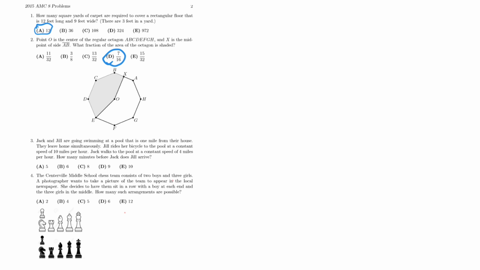So from the home to the swimming pool, the total is 1 mile. And we know time equals distance over speed.